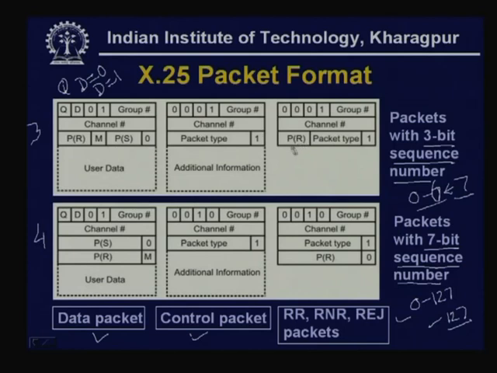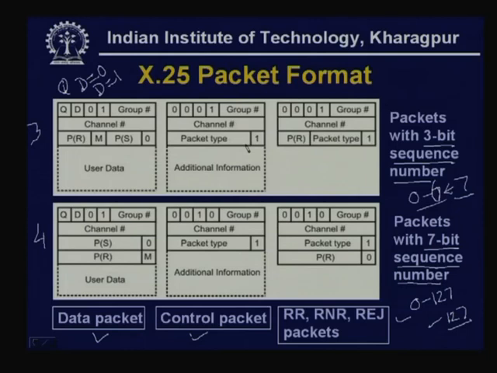That's why you will see that PS is not present in the RR, RNR and REJ packets. Here PR specifies, when it is a receive ready packet, the number the receiver is waiting for. Whenever it is RNR, the receiver is not ready, and whenever it is reject, it is using error control: that packet has to be rejected by using the go-back-N ARQ technique. So these are the functions.